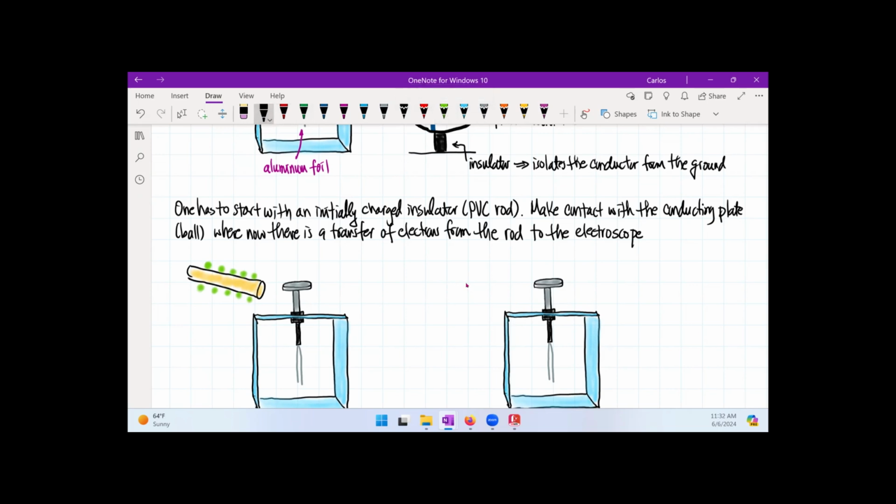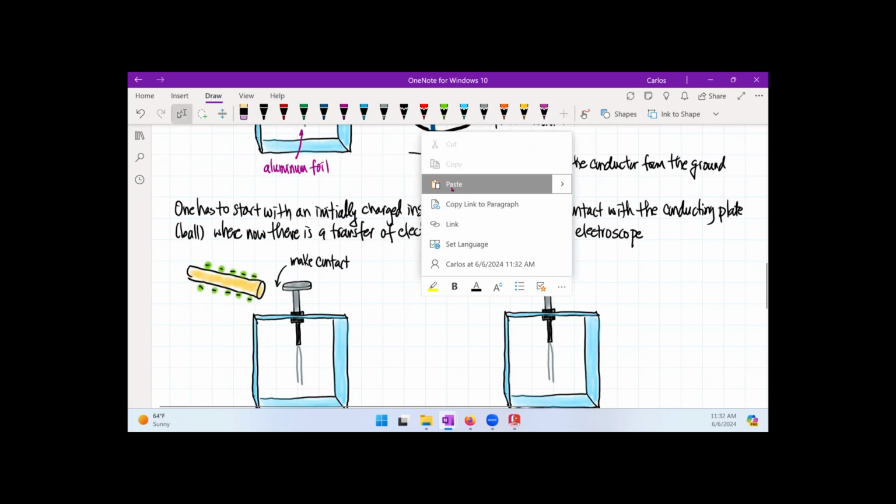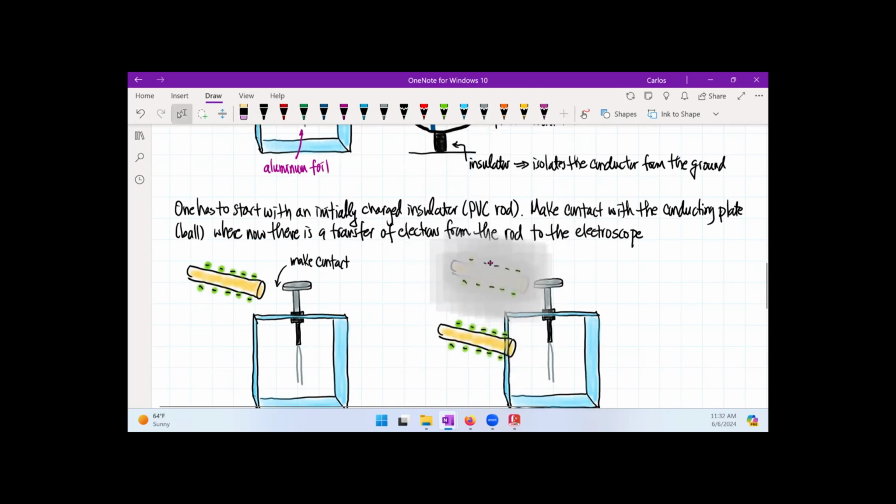Note that there are positive charges too, but this just represents the excess charge. Now what we're going to do here is make contact. So when you make contact, this is what ends up happening. I'm going to take my rod, paste it back here. I've made contact and now I move away.